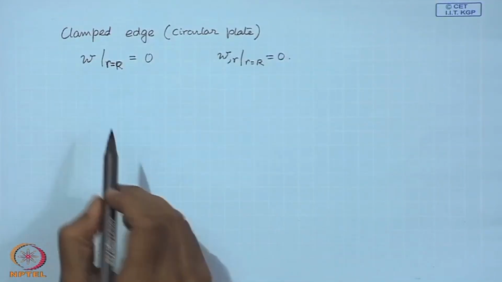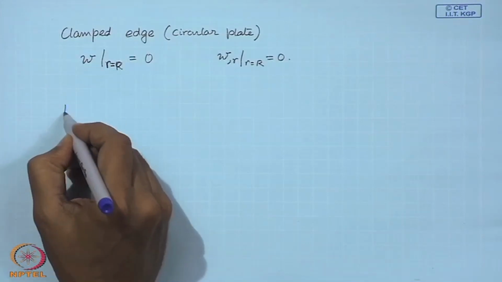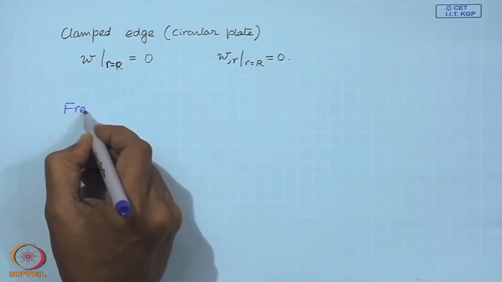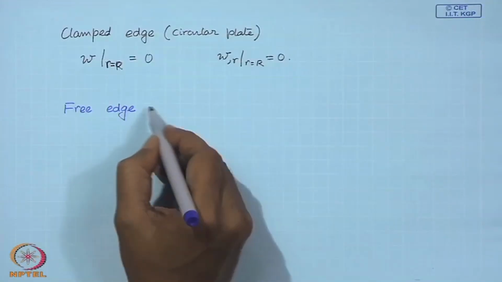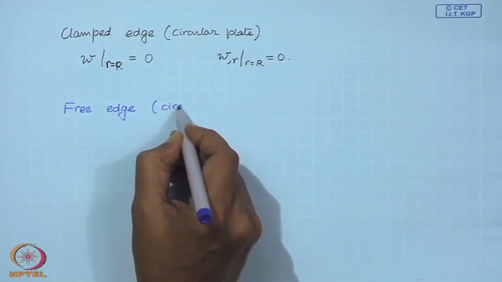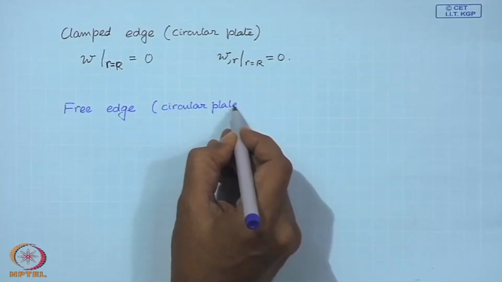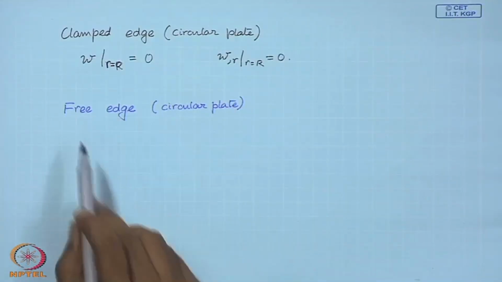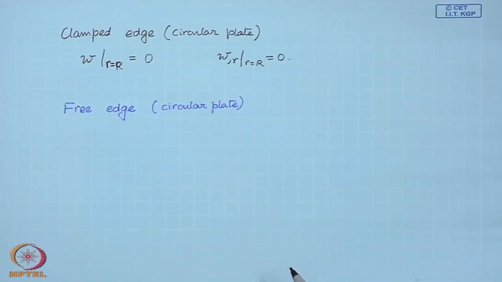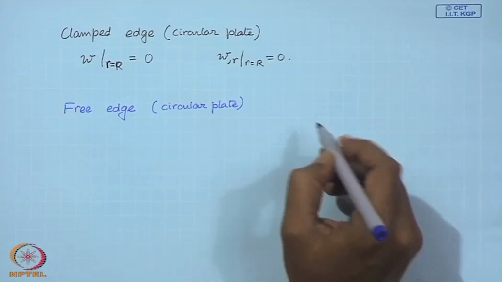Now, for the free edge, again for the circular plate, you can derive this once again from the boundary conditions for the rectangular plate using the transformation.